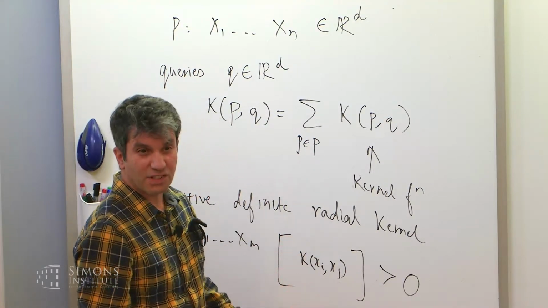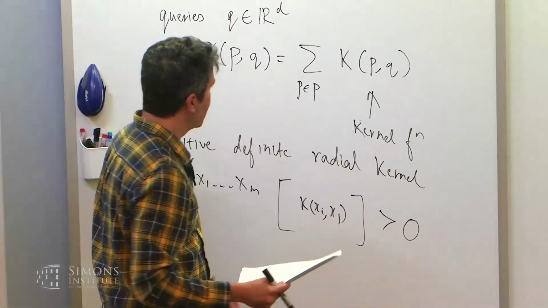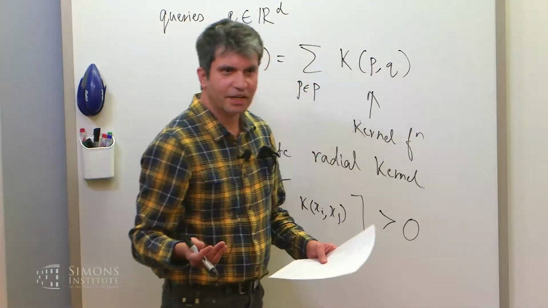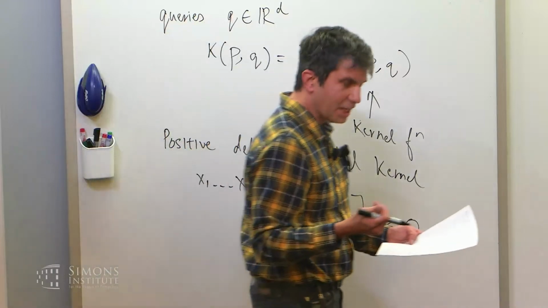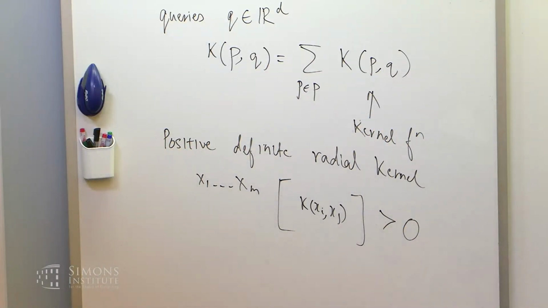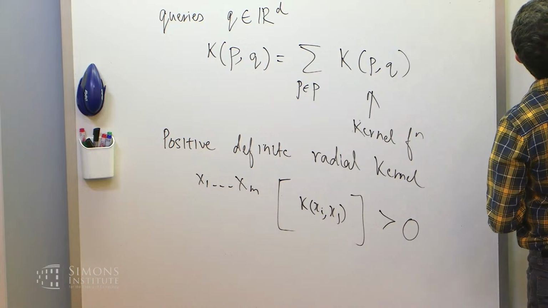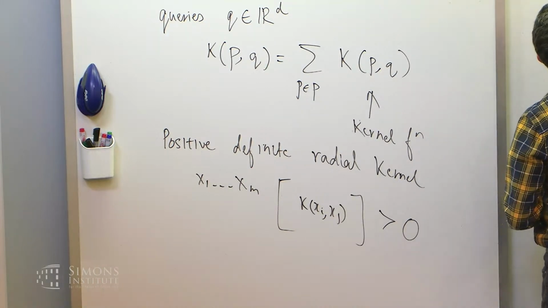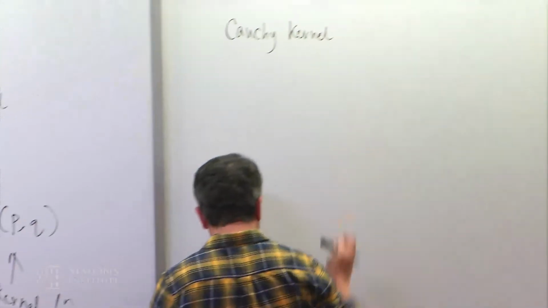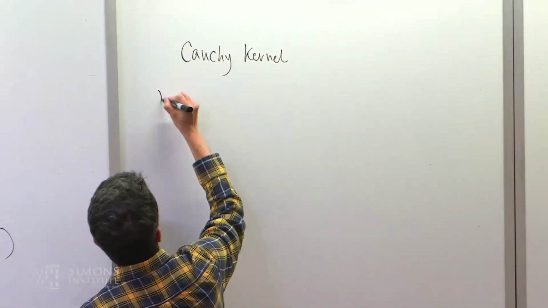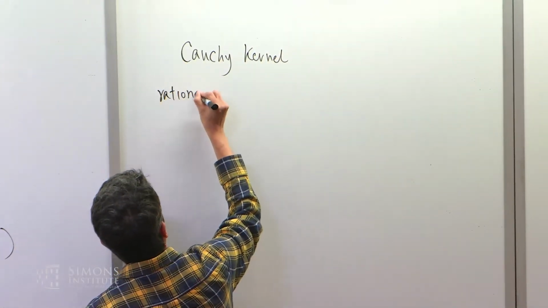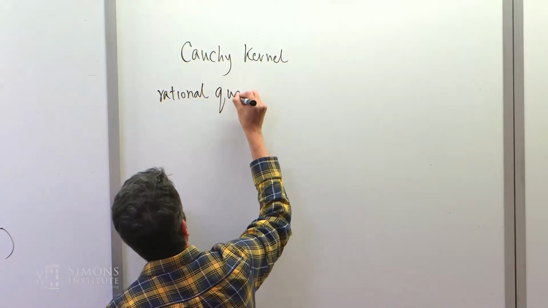All right, so far I've just defined a problem. I'll tell you very briefly why we care about it, but let me give you some examples of kernels that people think about. One kernel that we will talk about is the Cauchy kernel. More generally, there is the so-called rational quadratic.